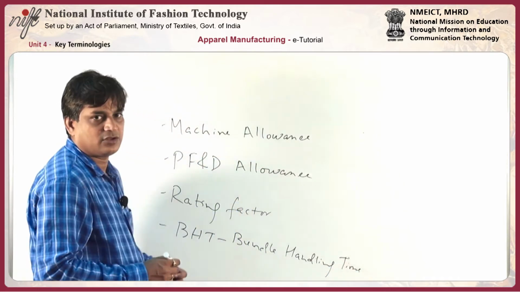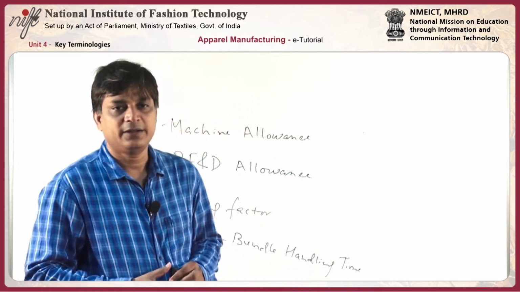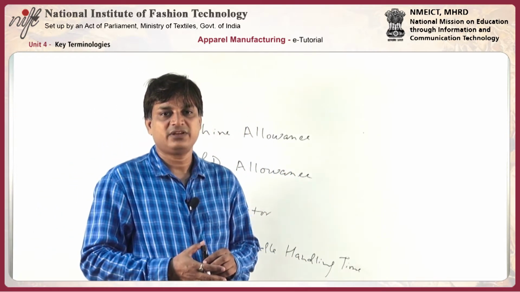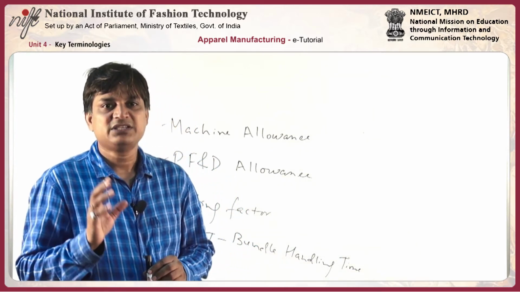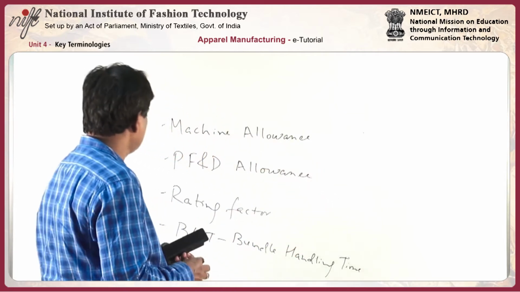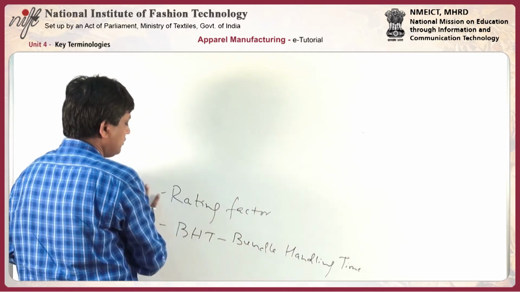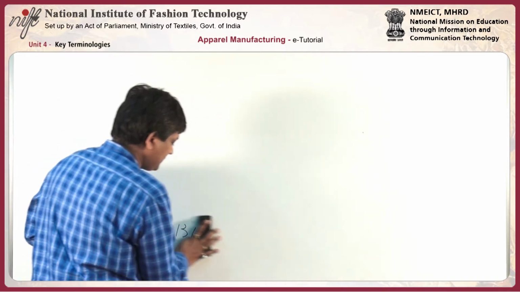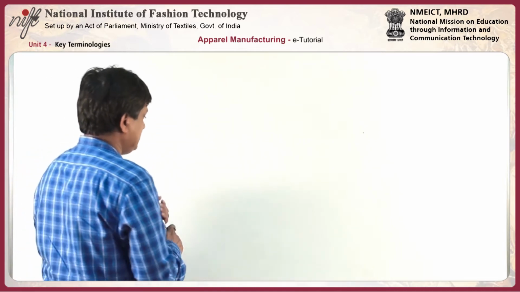So the BST allowance will also be given. Now we will discuss what the machine delay allowance is, what factors are included in the machine delay allowance, what factors are included in the PF&D allowance, and what factors are included in rating and BST.